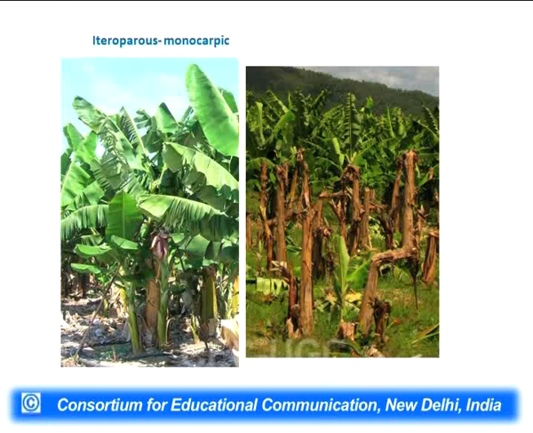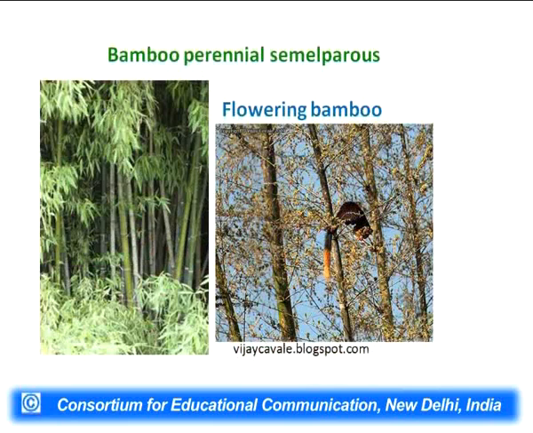So, it is a perennial plant, it is an iteroparous plant, but each and every plant is monocarpic, in the sense that one plant will flower only once. So, nature has very different types of lifestyles. This is bamboo, one very well known example.